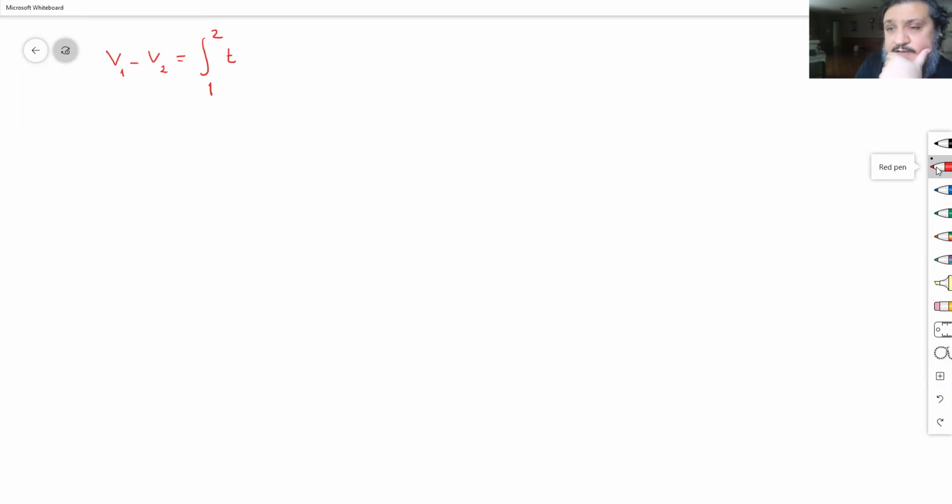In general, you will have this expression, E dot dl, where dl is the displacement along the path you choose to go from 1 to 2. So in our case, assuming we already know what the electric field is, how can we find the potential difference, V1 minus V2? That's the method here, okay?